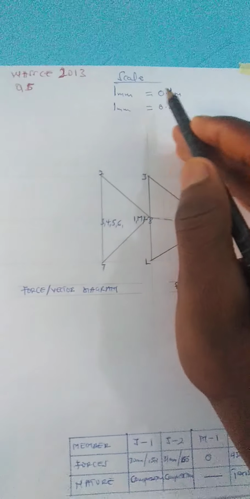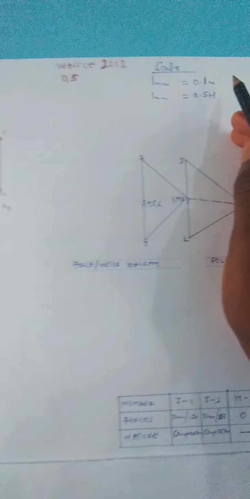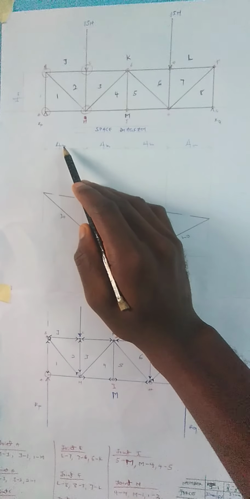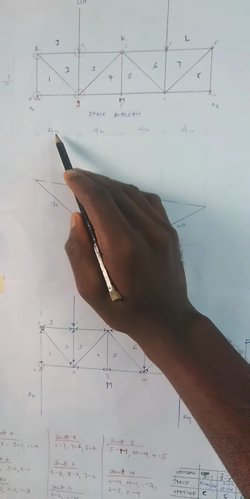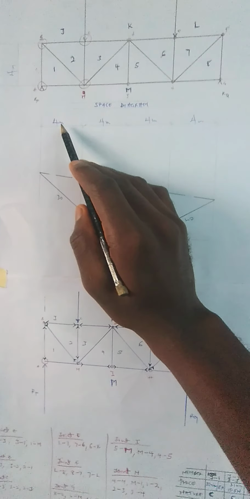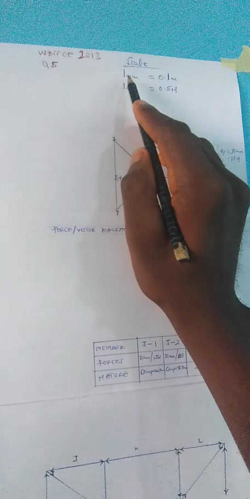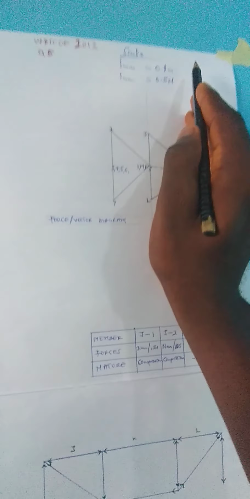And the scale has been given as 1 mm is equal to 0.1 meters. So if this is 4 meters and you have to convert it to millimeters, how many millimeters is going to be this 4 meters? According to our scale, 1 mm is equal to 0.1 meters.